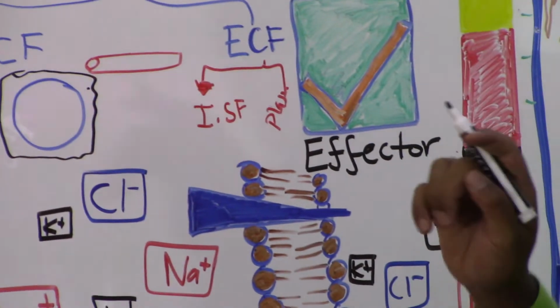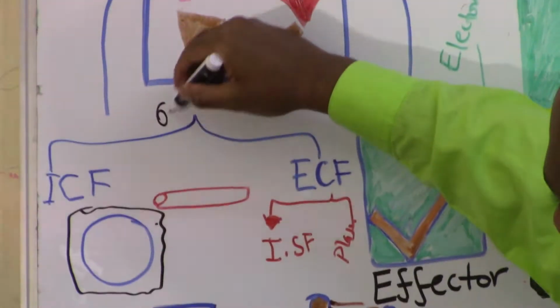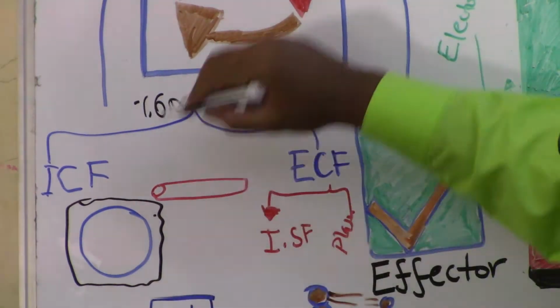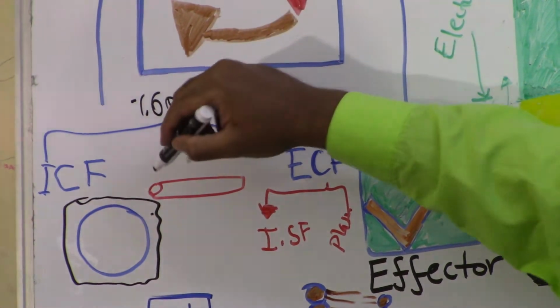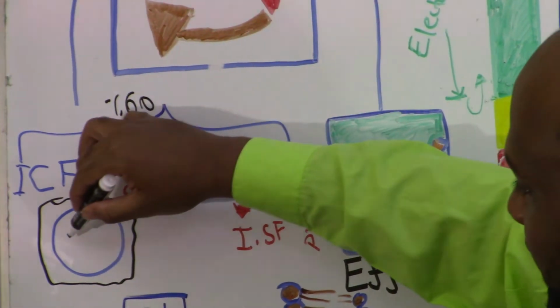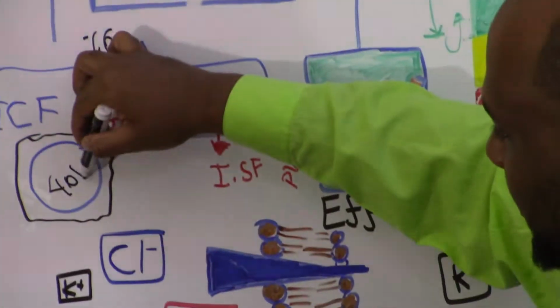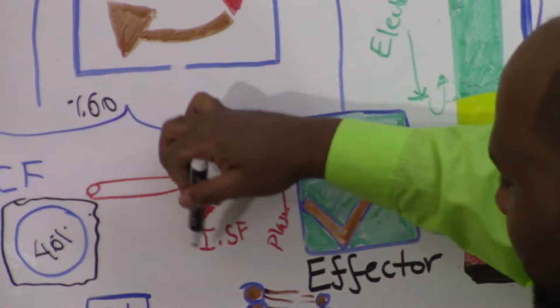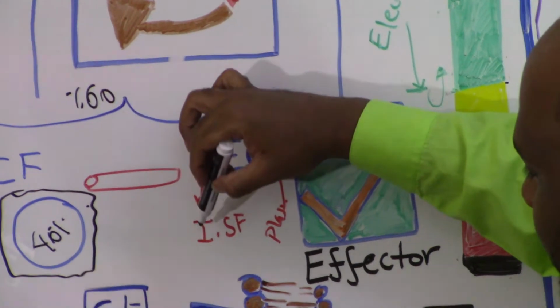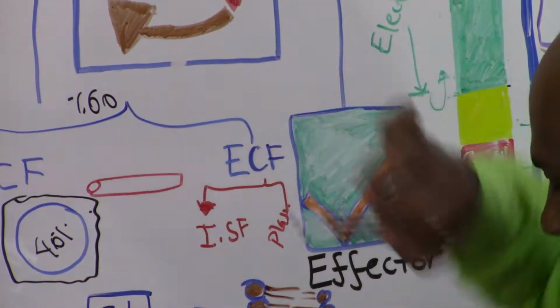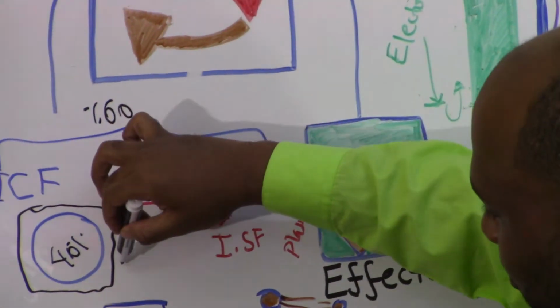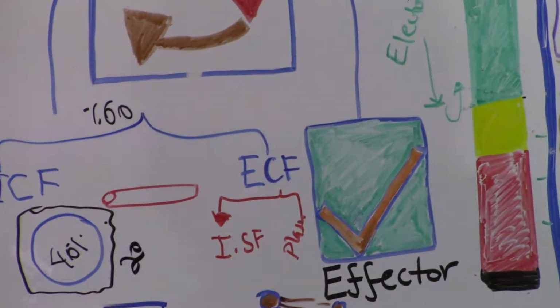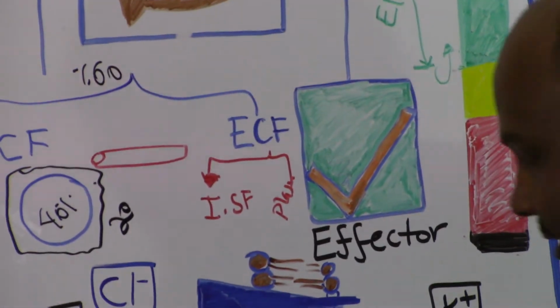Another point is, the body is 60% water. However, this 60% water is divided as follows: 40% water inside the cell and 20% water divided between the interstitial space and the plasma. So there's definitely more water inside the cell than outside the cell.